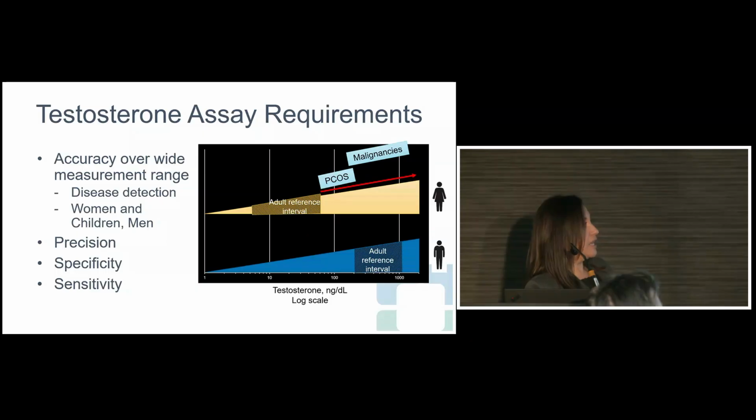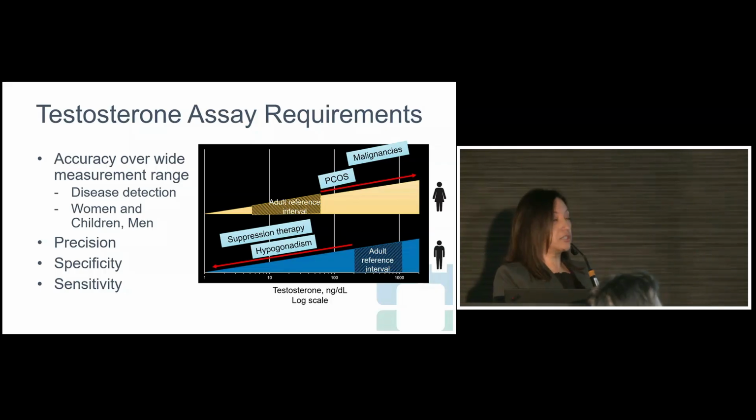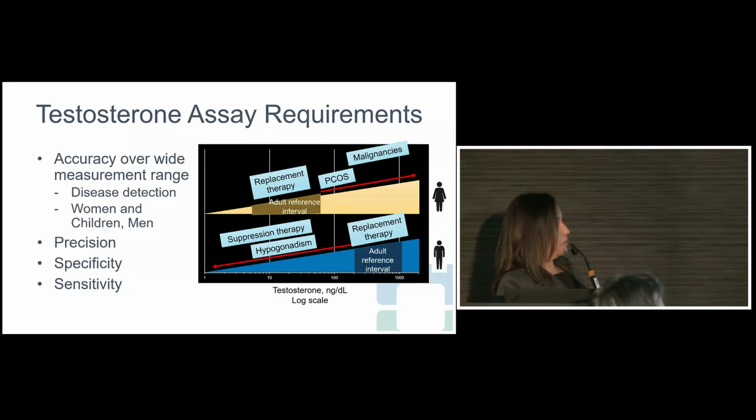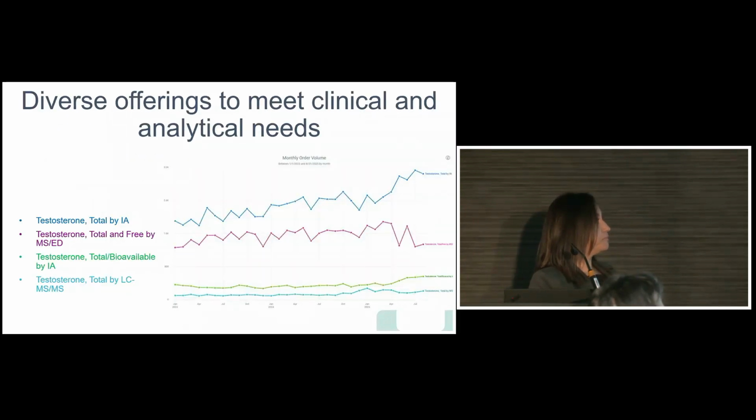So whether it's elevated testosterone in women, decreased testosterone in men, and then you start seeing that there's overlap in the concentrations, or replacement therapy, which typically targets the normal reference range.